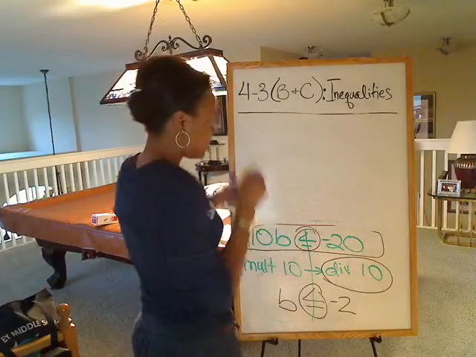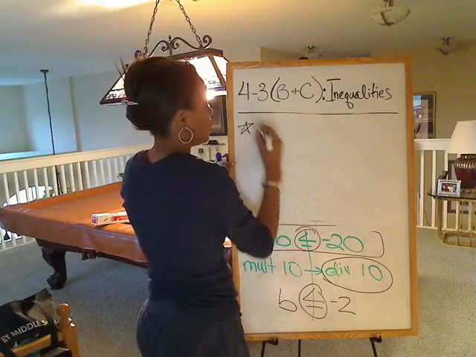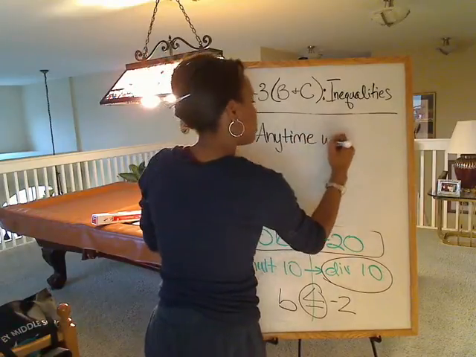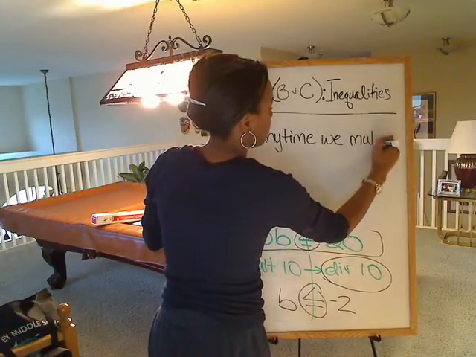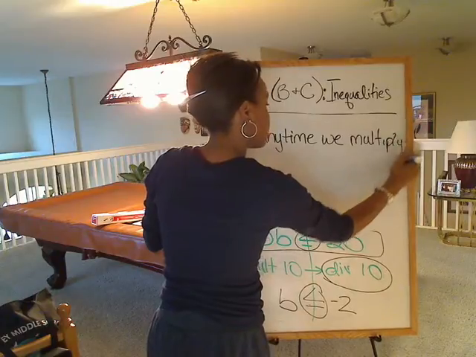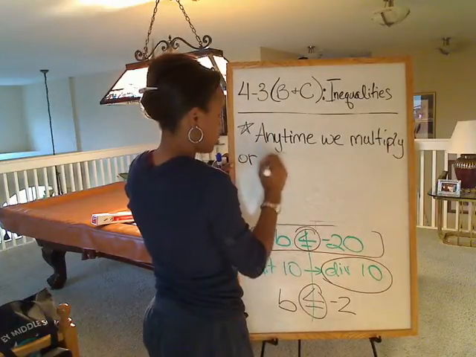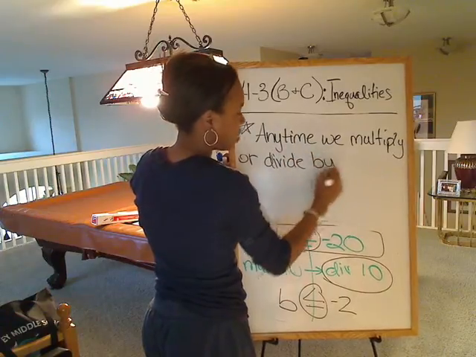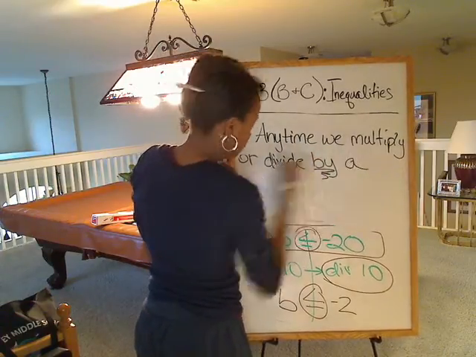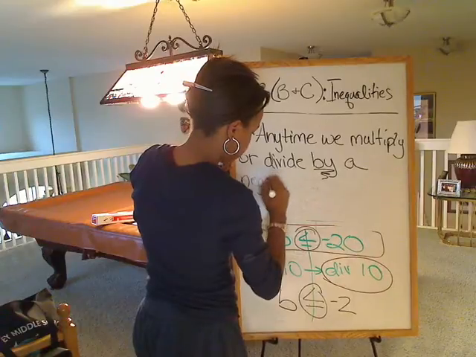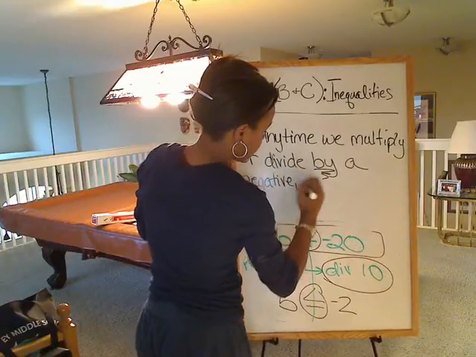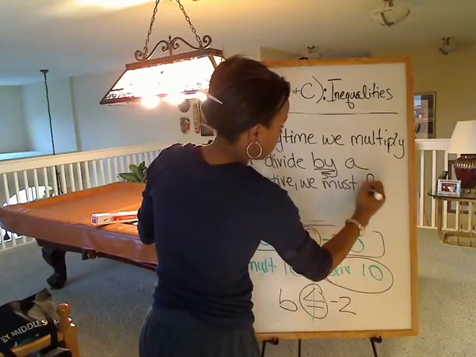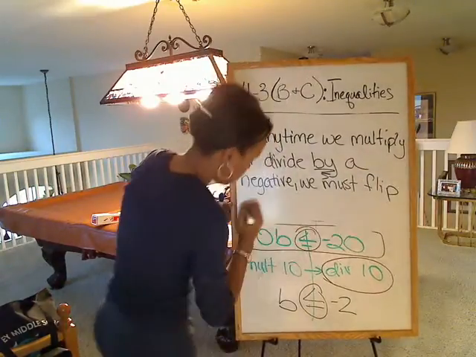And the rule is, anytime we multiply or divide by, that's the key word, by a negative, we must flip the inequality.